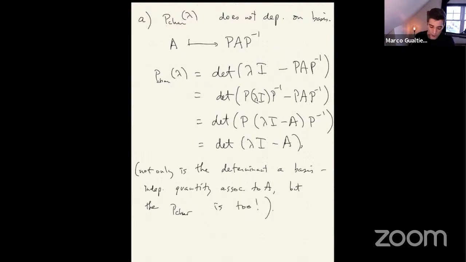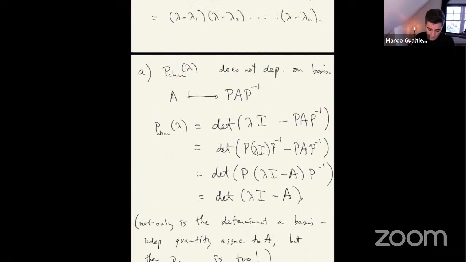So the characteristic polynomial has a lot more information than the determinant.